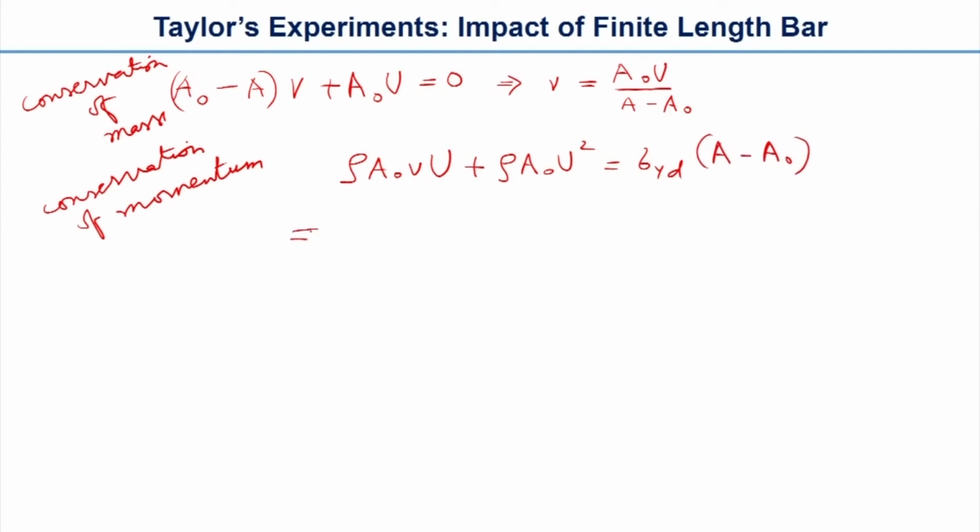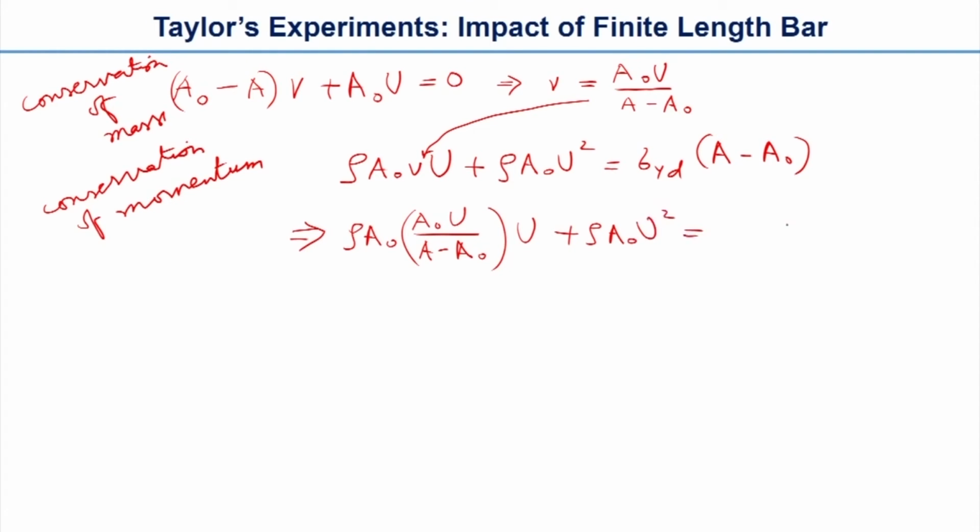So if we substitute this v with this, we will find rho A naught U, A naught U over (A minus A naught), plus rho A naught U square is equal to sigma yd (A minus A naught).